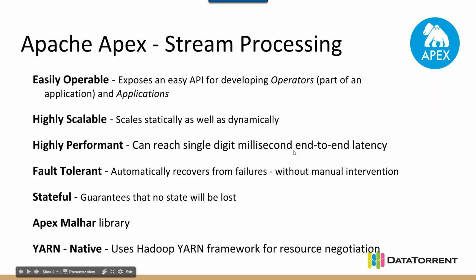So what is Apache Apex? Apache Apex is actually a stream processing platform. It's developed on top of Hadoop. Here are some of the highlighting features of this platform. The first and important thing is easy operability. Using this platform, developing your applications to solve your business problems is really easy. Your coding and time to production can be reduced a lot if you use this platform. This is possible because we have a very good open source library.